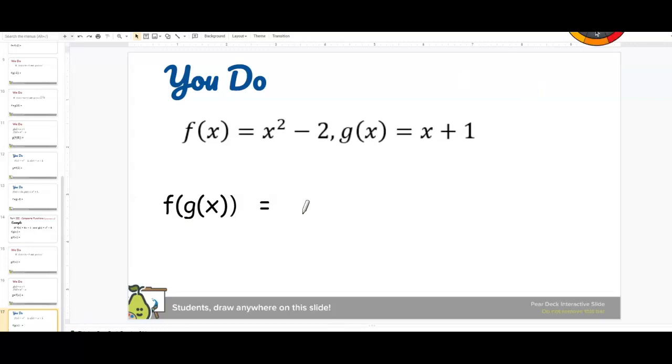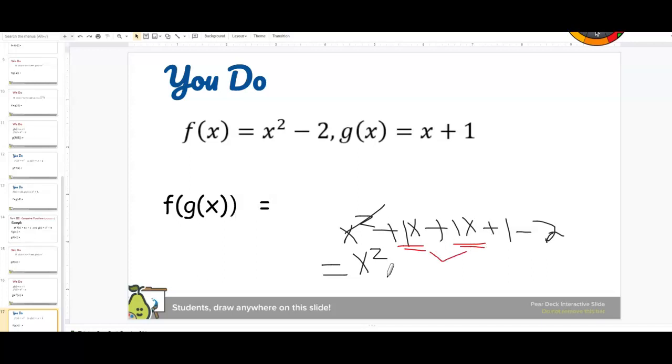So I accidentally deleted the answer, so we were at x squared plus 1x plus 1x plus 1 minus 2. And combine like terms. X squared, copy it down, and it's gone. X and x, add them up, so it's positive 2x, and they're gone. Finally, you have two single numbers, add them up. 1 plus negative 2 is negative 1.